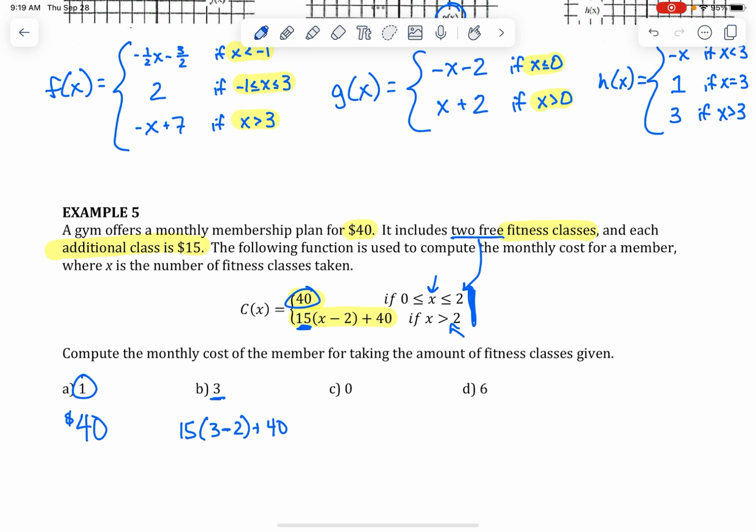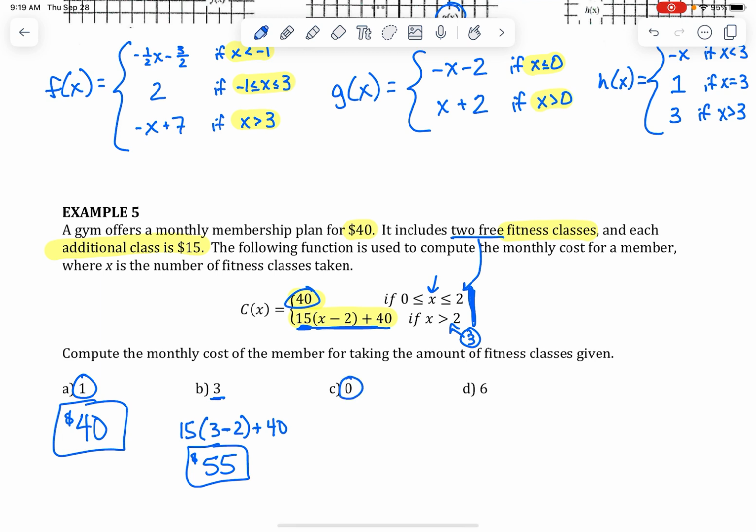And that's the thing I want to point out, is that when x is 3, you're going to use the second function. And obviously 15 times 1 is 15, plus 40 gives you 55, right? So common sense and logic told you it was 55 as well. But when you get to bigger numbers, it might be a little trickier.